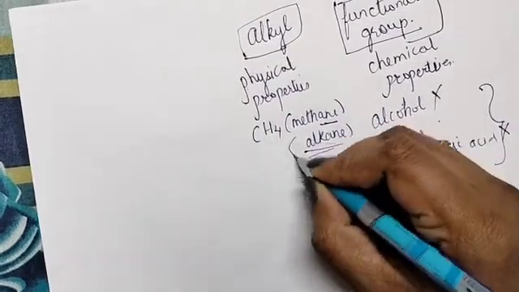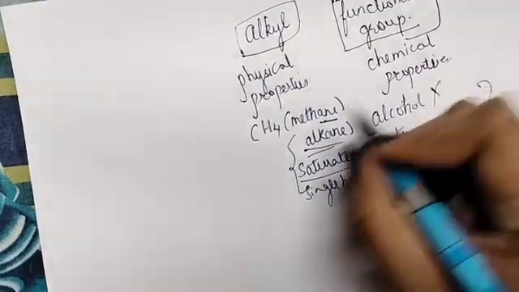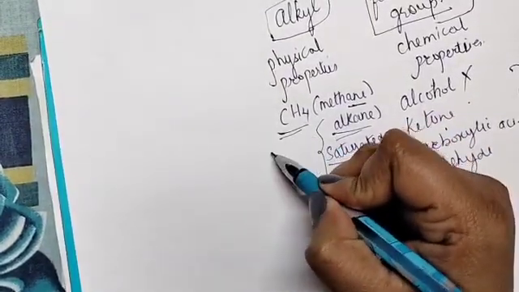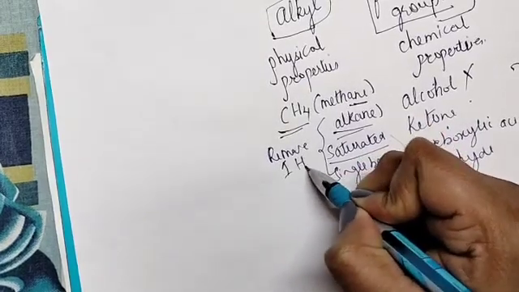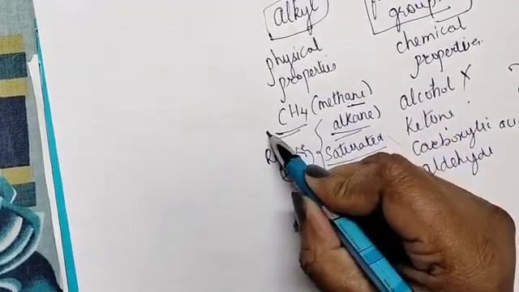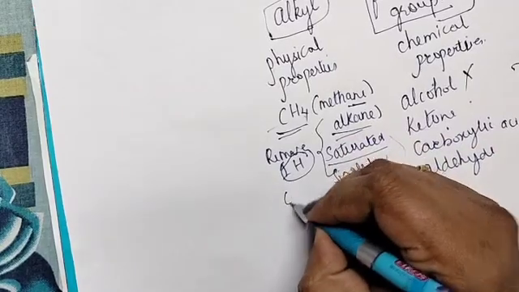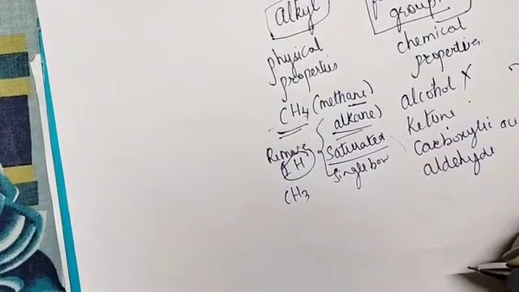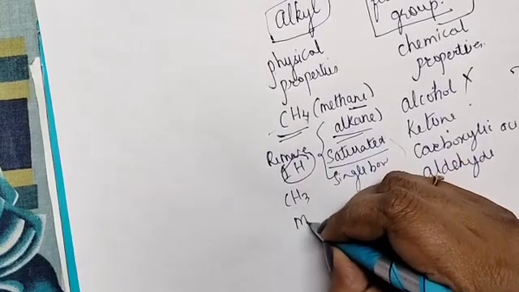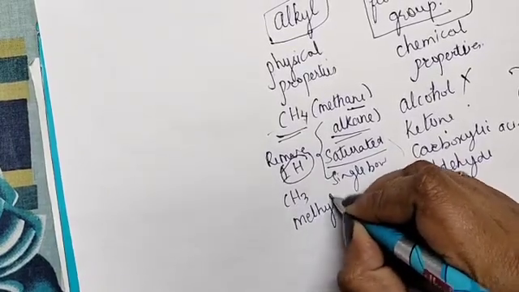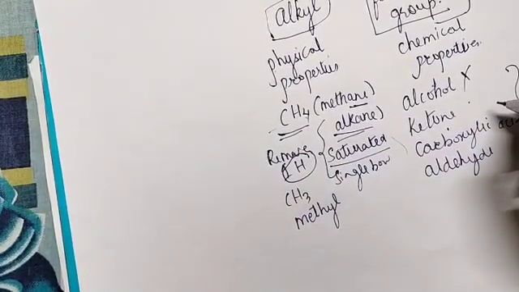This is something we have been constantly studying. Now what I do, I remove one hydrogen from this, only one hydrogen. Then what will happen? This will not be called CH4, this will be called CH3. So should you call this methane? No. When one hydrogen is removed, it will be called methyl.